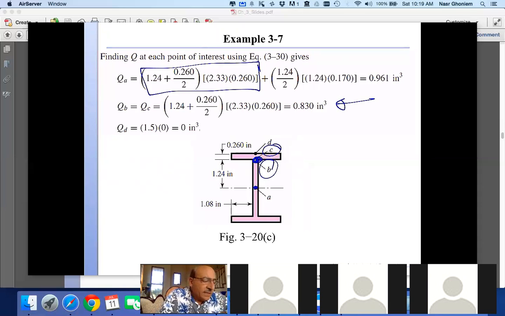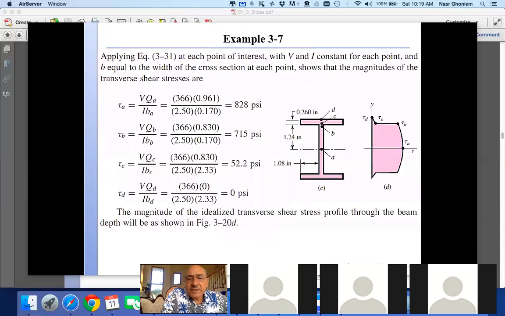And then the interesting part is that at point D, Q is equal to 0 because there's no area on top. So that gives me all of the ingredients that I can use to put in the calculation for VQ over IB.